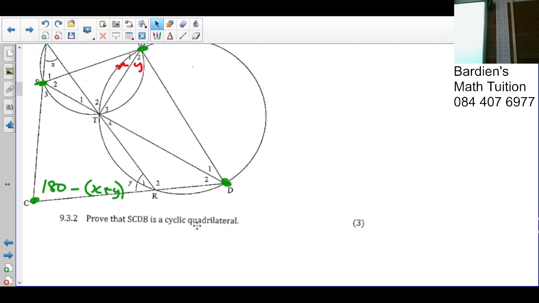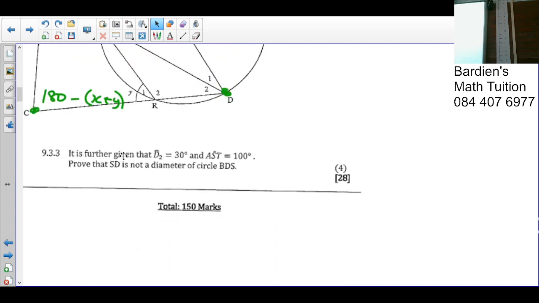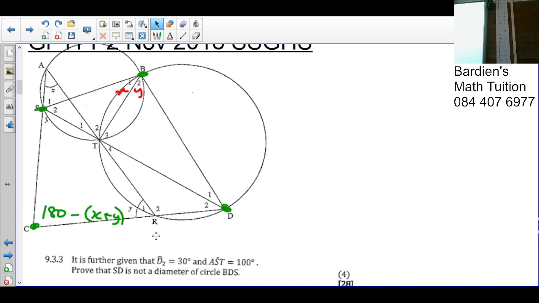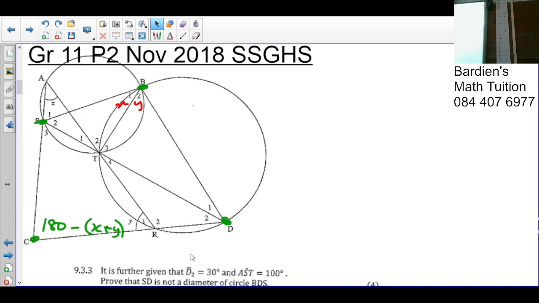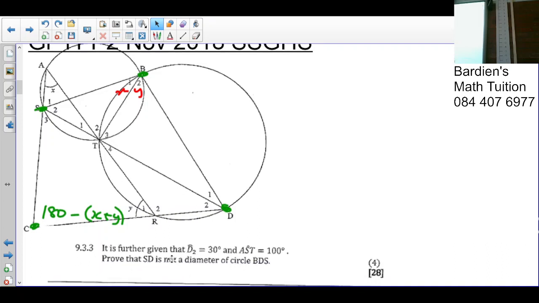So let's look at the next question. The next question says, it is further given that D2 is 30 degrees, and AST, this angle here, is equal to 100 degrees.